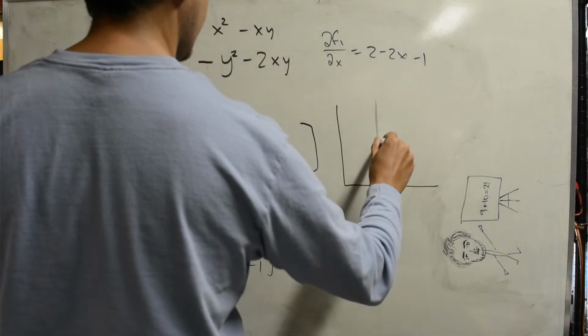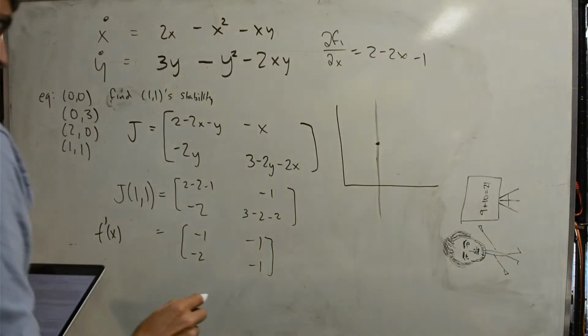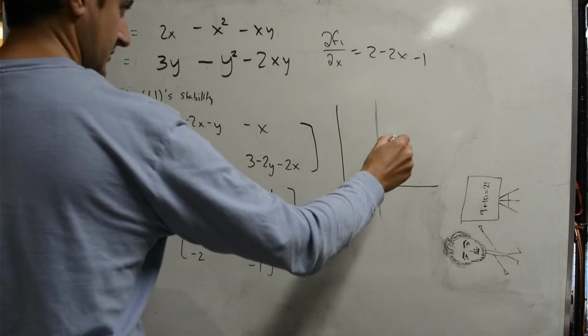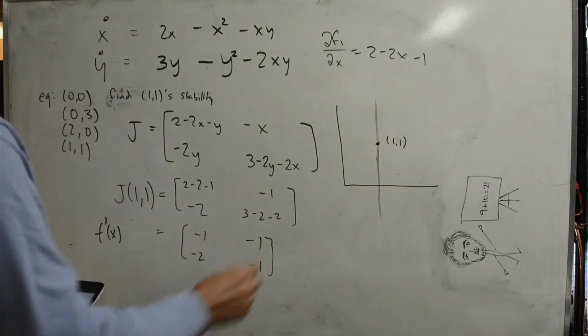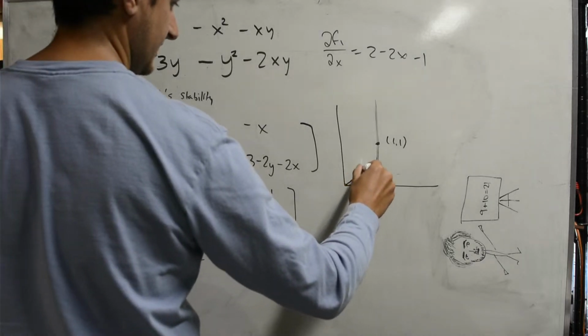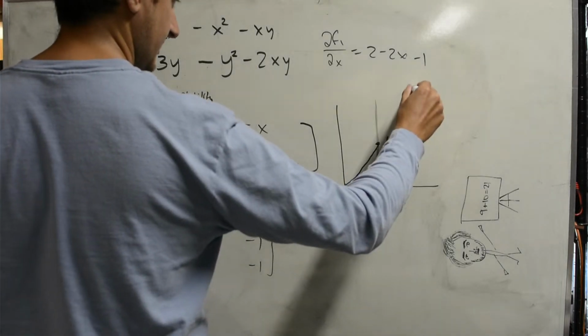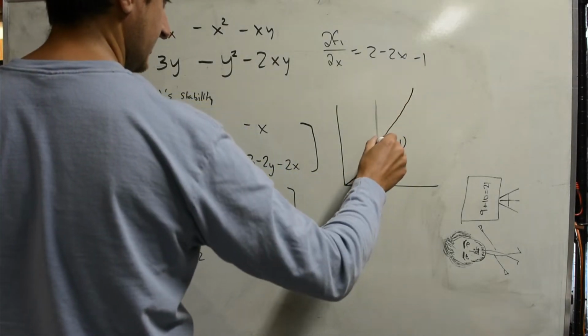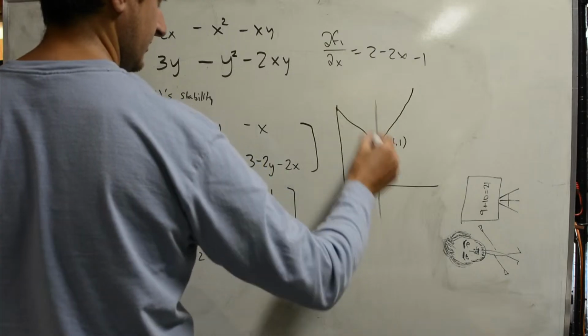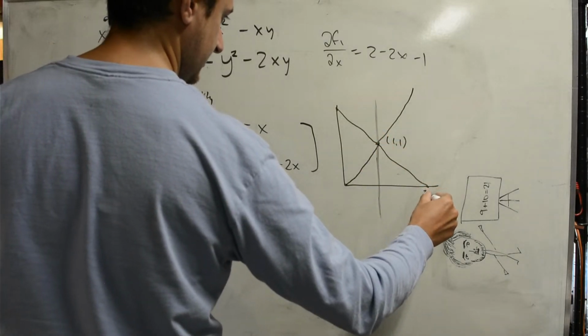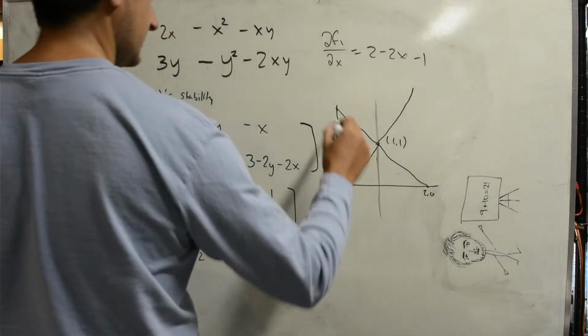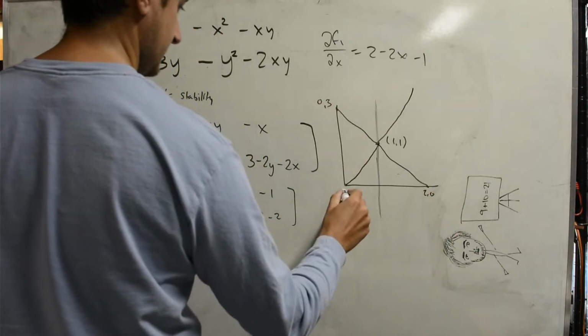So we have 1, 1 right here. And we know it's a saddle, so we know we have a line here, and we have a line here. Then we also have lines here and here. This is 2, 0, right? And this is 0, 3, and this is 0, 0.